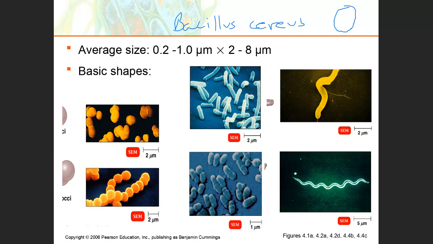It could be something like streptococcus or enterococcus, which is not perfectly spherical. It's more oval in shape. But it could also be a rod, like Klebsiella, which is a short, fat rod. So sometimes there is some ambiguity in terms of the shape.